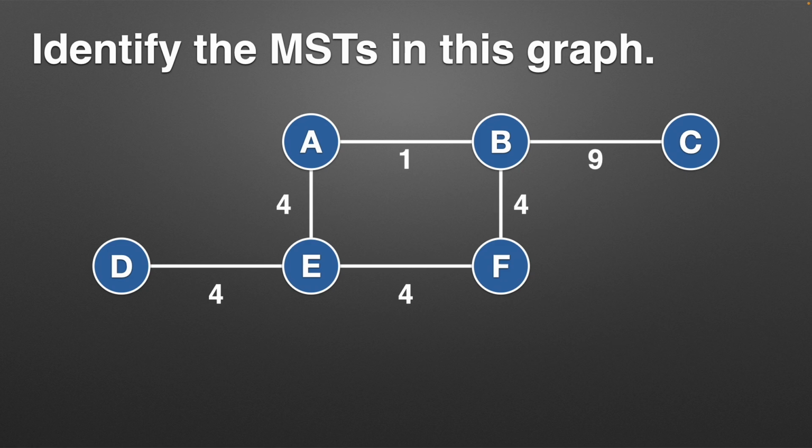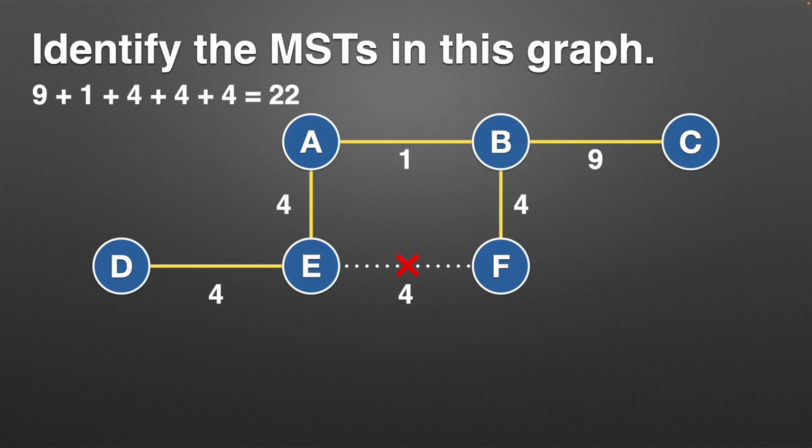Okay, so let's take a look at them. So one thing we could do, looking at it up front, we know we have to go to all these vertices. So like C and D, those edges are going to have to be there no matter what. Where we do have some flexibility is in these edges. So all of these edges that are 4 here, we are able to still have a spanning tree and remove kind of any of these arbitrarily.